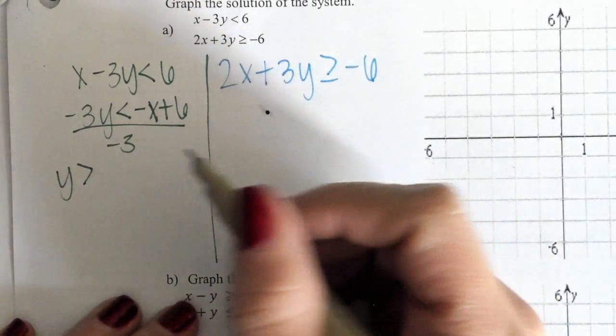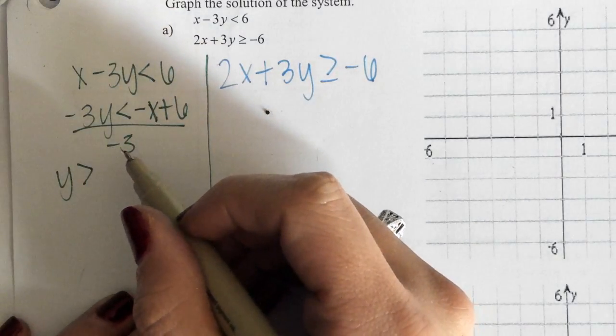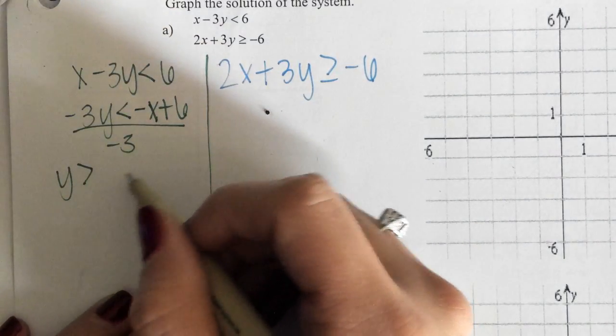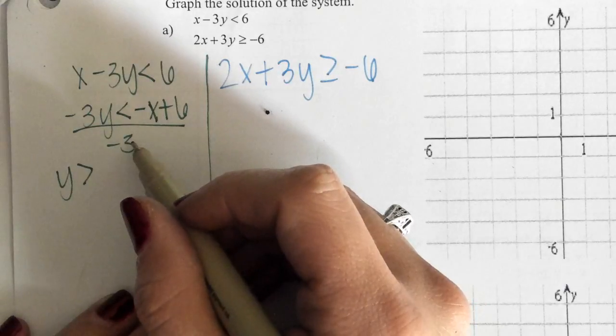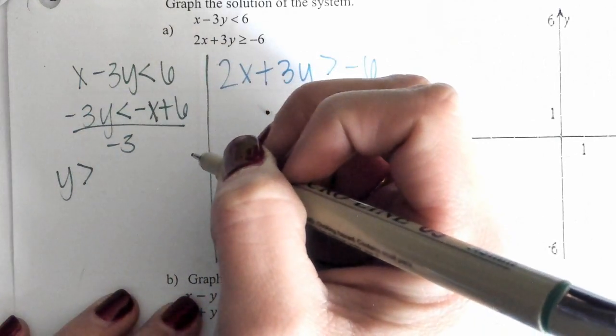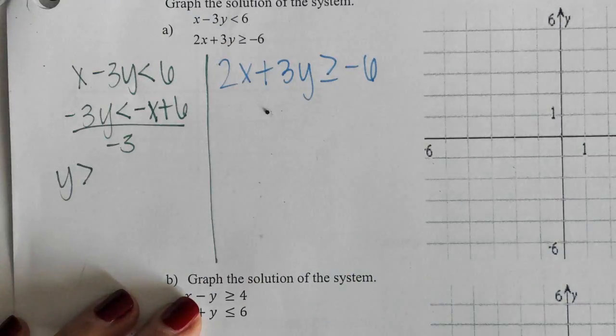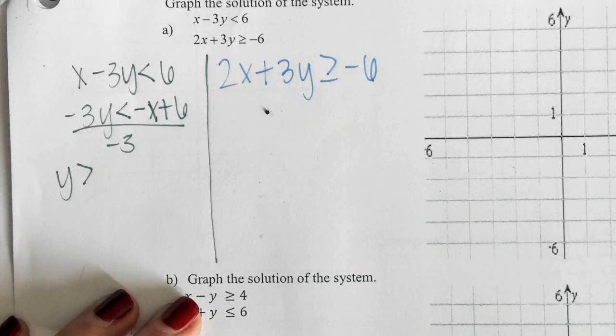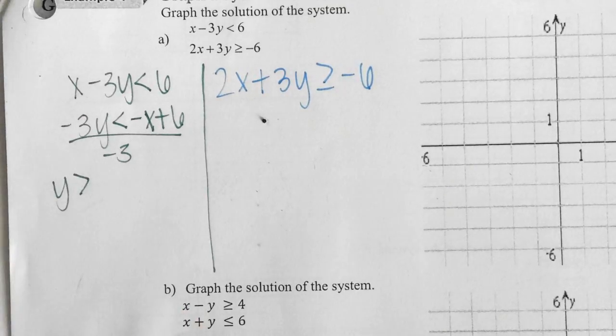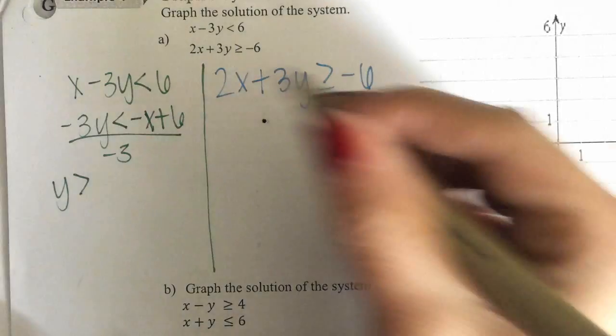Alyssa, what's my slope going to be? Or what term do I write next? Good. I want to write the x to the side, that way we'll know exactly what the slope is. What's on top here?